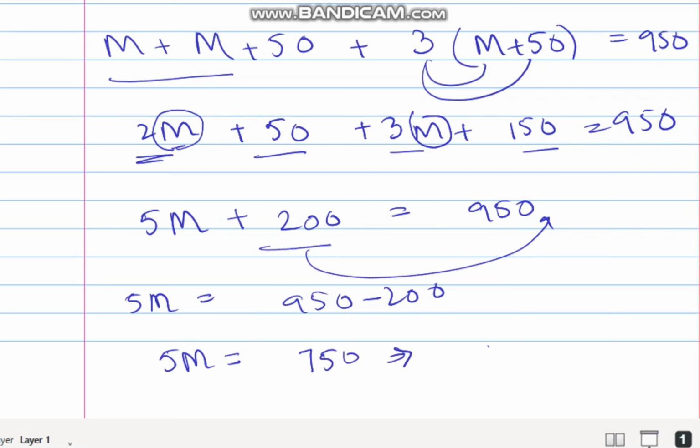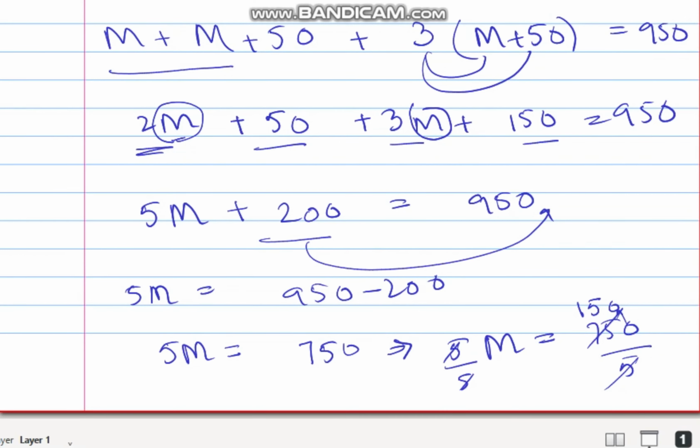This implies that M will be 750 divided by 5, dividing both sides by 5. 5 times 1 is 5, 5 times 5 is 25, and the 0 moves up, so it is 150. So I got M equals 150.